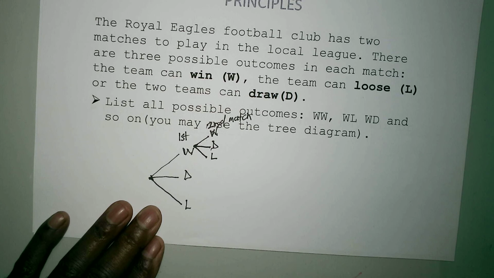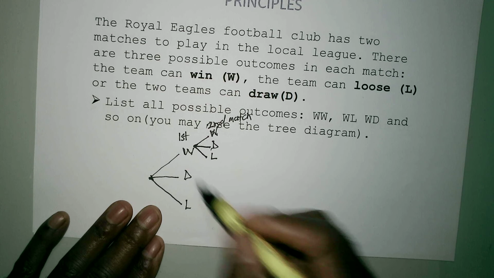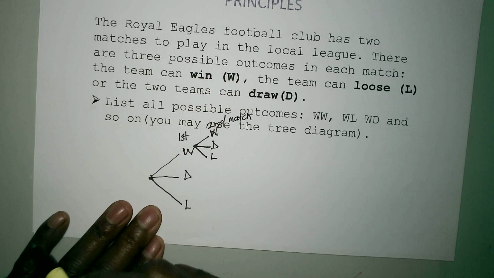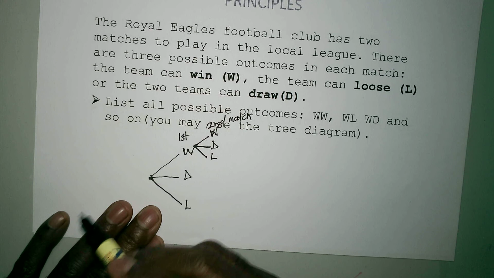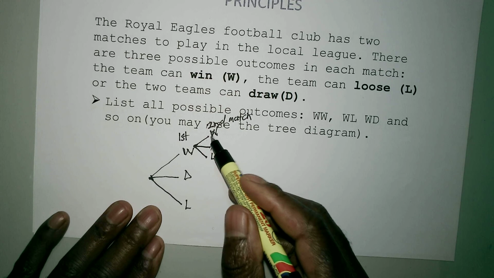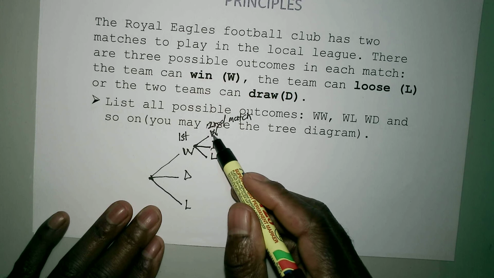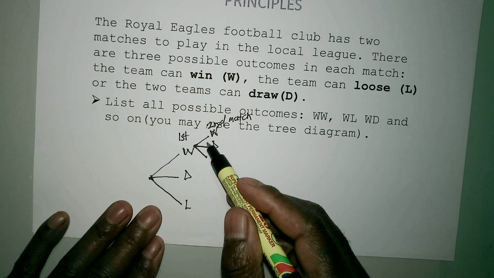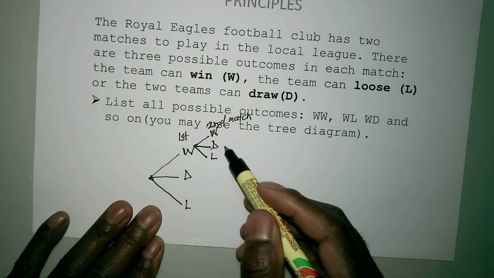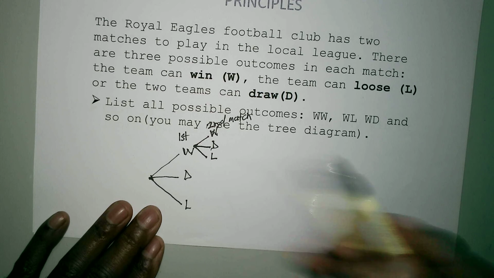These are the 3 possibilities that might happen. If it has won the first match, in the second match it can win, it can draw, or it can lose.